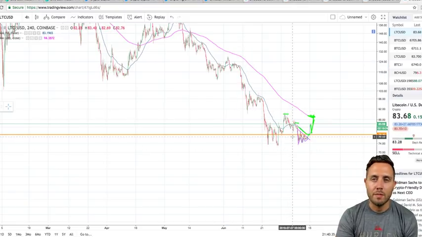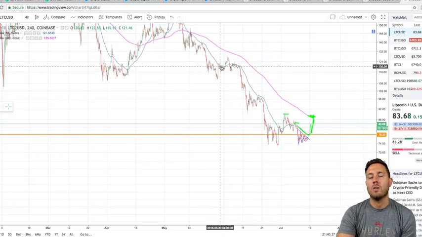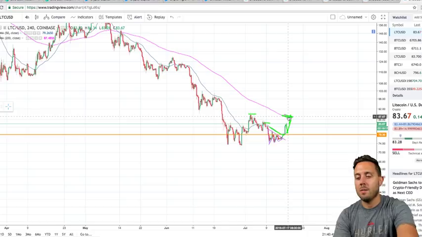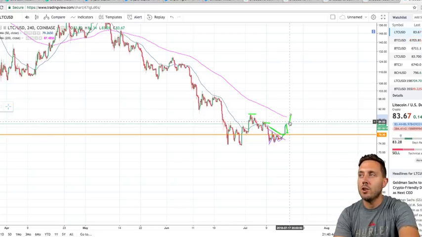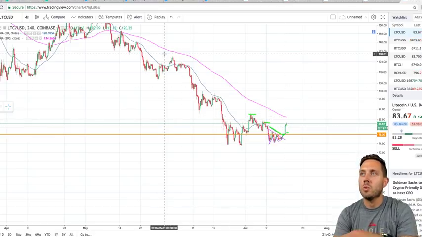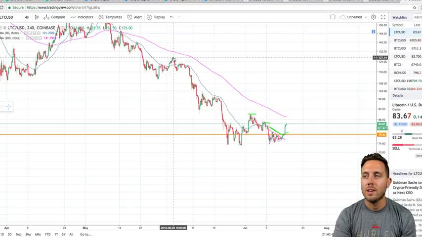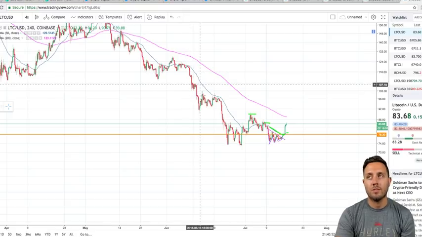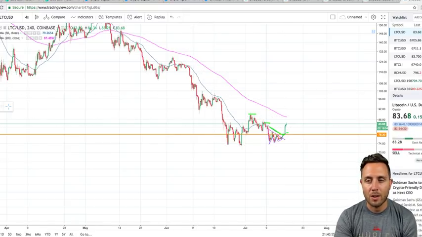So the fact that we're above the 50 right now, and we're actually talking about possibly approaching the 200 EMA is a good place to be, but it's also a very unknown place to be, because similar to what happened back here in June, we might fail and we might break back below the 50 EMA. So be prepared for that on the downside.